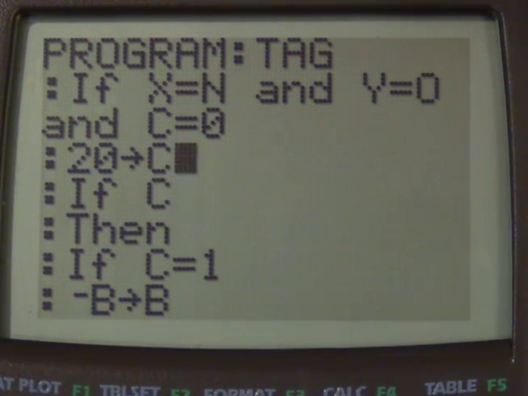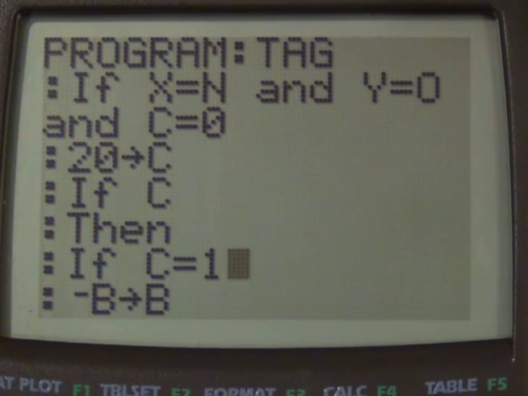So if C equals 1, let's see here. I don't know how to do this without using another variable, but I might have to.